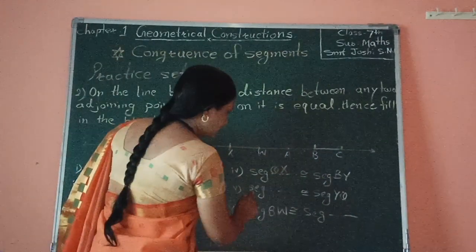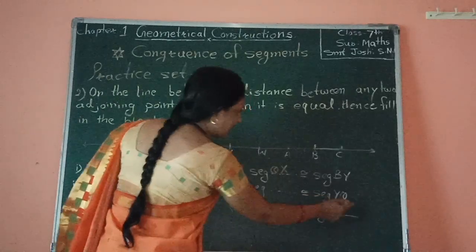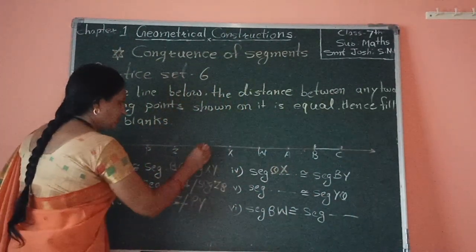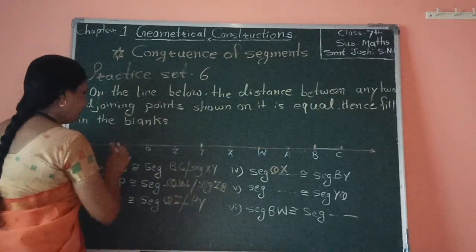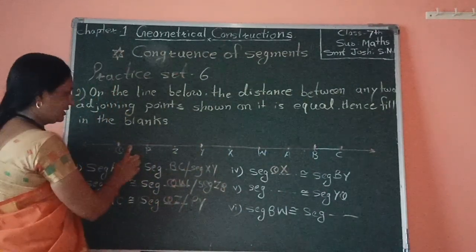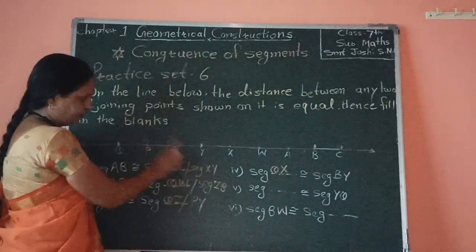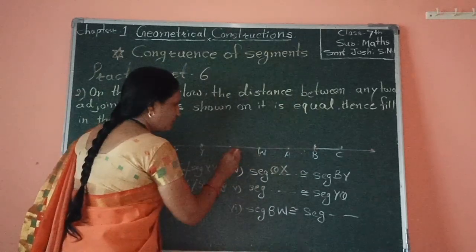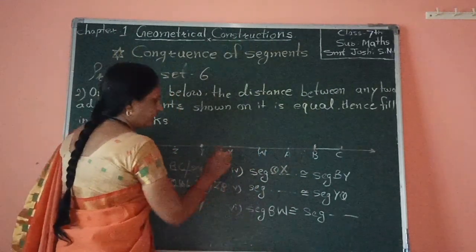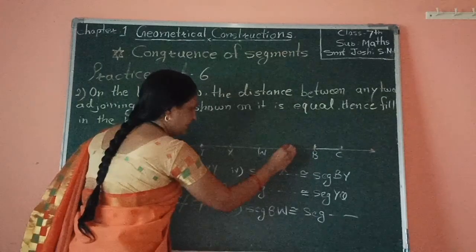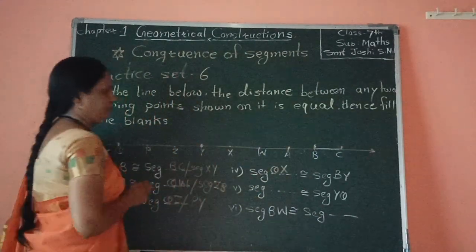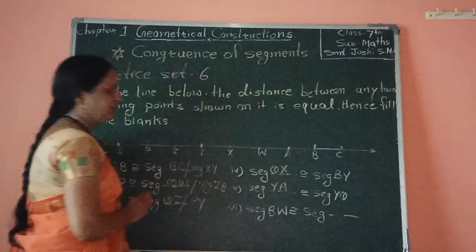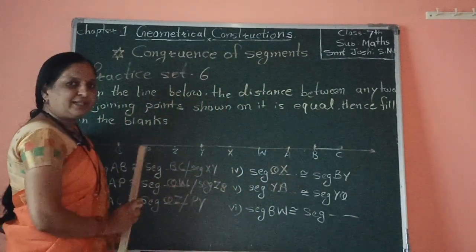Then next, fifth, seg dash dash congruent seg YQ. The distance between these 2 points is 1, 2, 3 units. We start from point Y. 1, 2, 3 means YA, or any. You can write different answers.